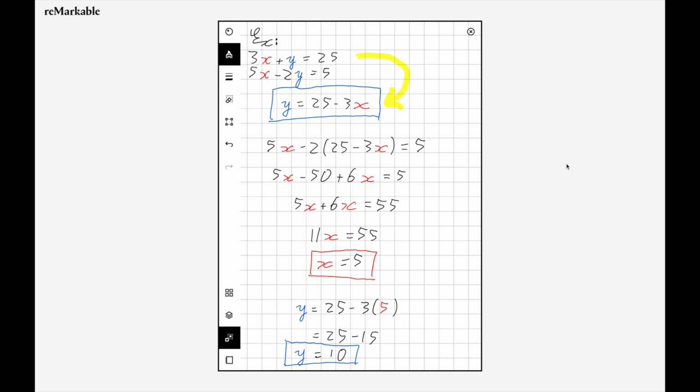And we will see this in other exercises as well. So we take our equation, turn it into an expression of y in terms of x, and then we use the fact that this y and this y are equal to each other to plug this in, as a replacement to the y in our second equation.